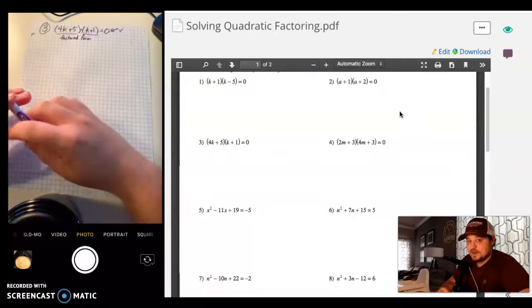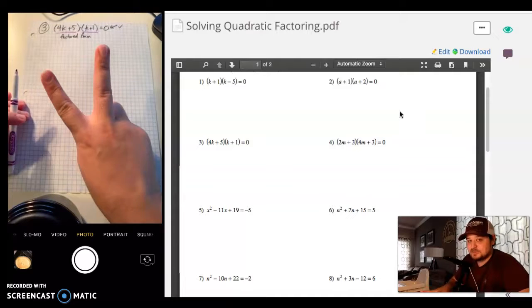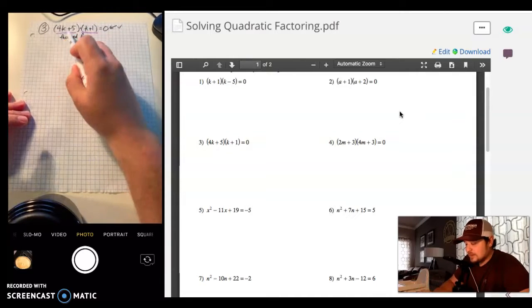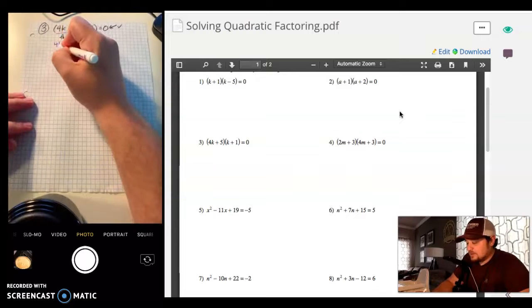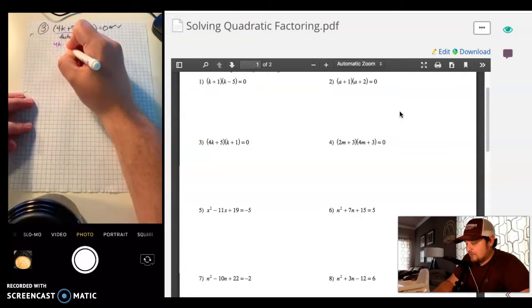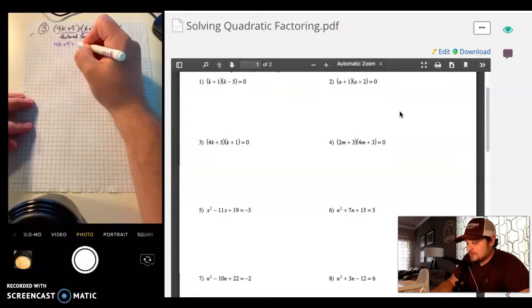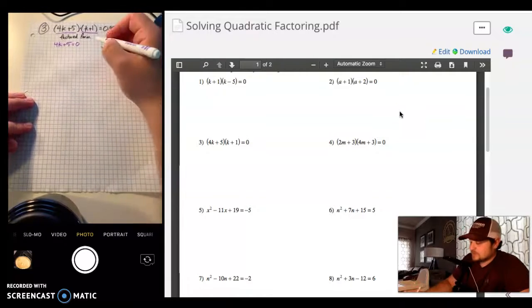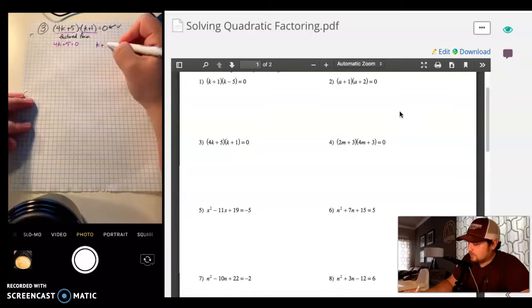So our answer here is going to be 2 answers: one is the k value that makes this binomial equal to 0, and the other is the k value that makes the other binomial equal to 0.